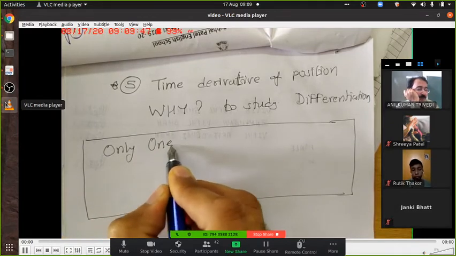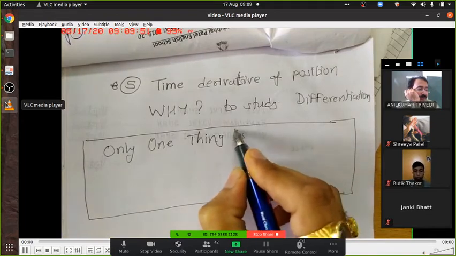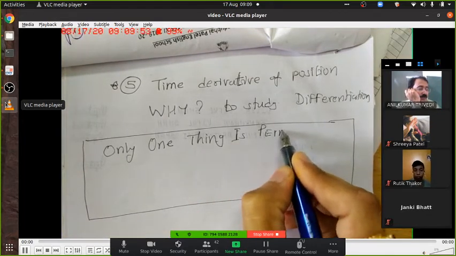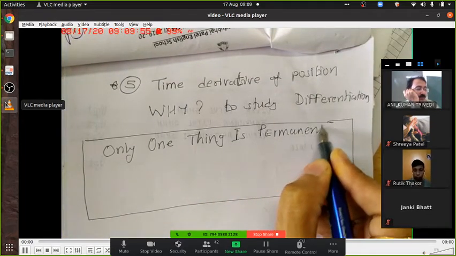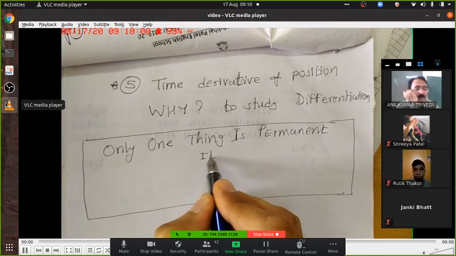Only one thing is permanent. What is it?